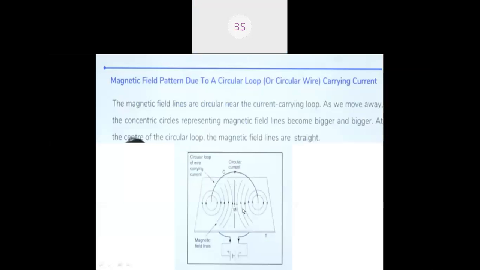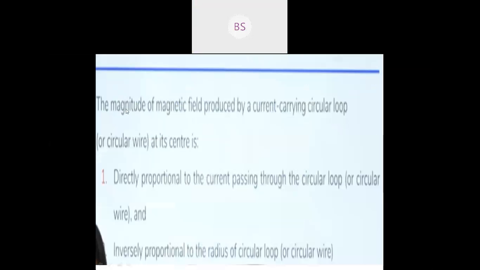Next, the magnitude of the magnetic field produced by a current carrying circular loop or circular wire at its center is directly proportional to the current passing through the loop and inversely proportional to the radius of the loop. So there are two factors.